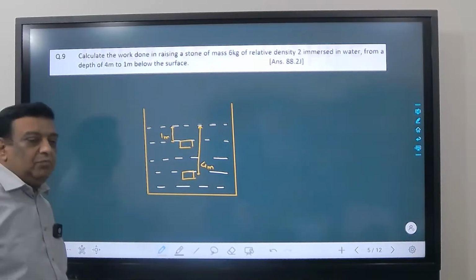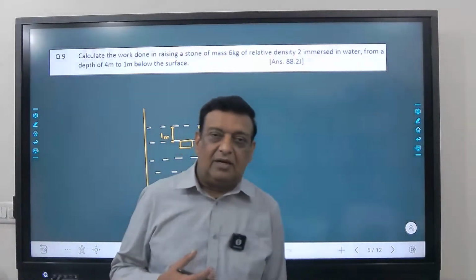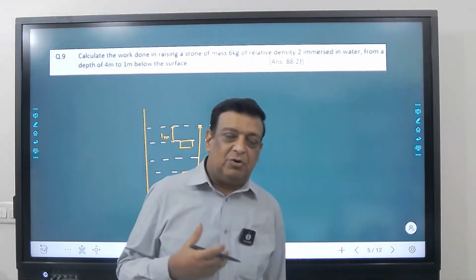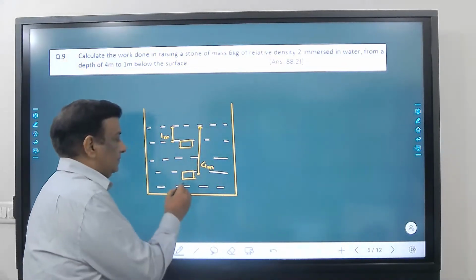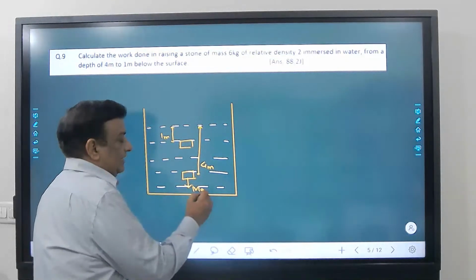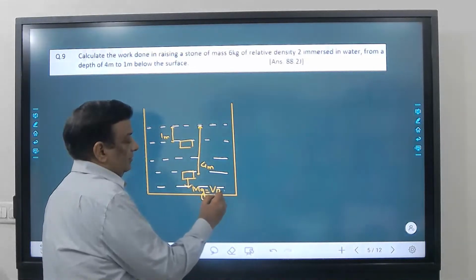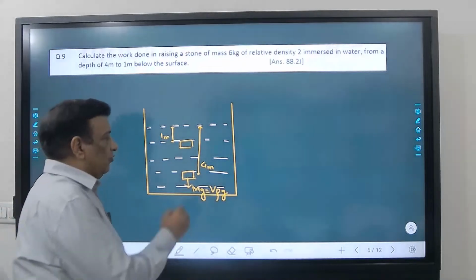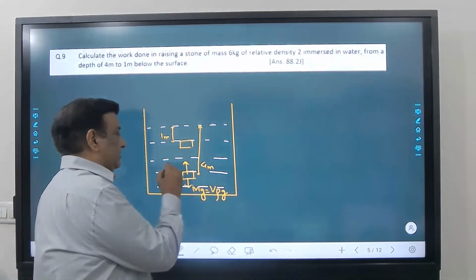Basically, when a body is dipped in liquid, there are two forces which are acting on the body. Weight of the body is acting downwards. You can say either mg or V rho g. In addition to weight, an upthrust also acts.